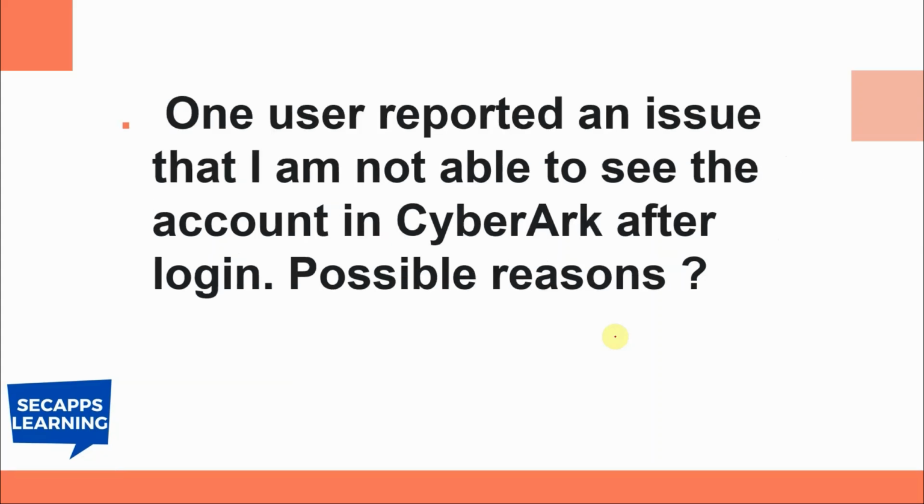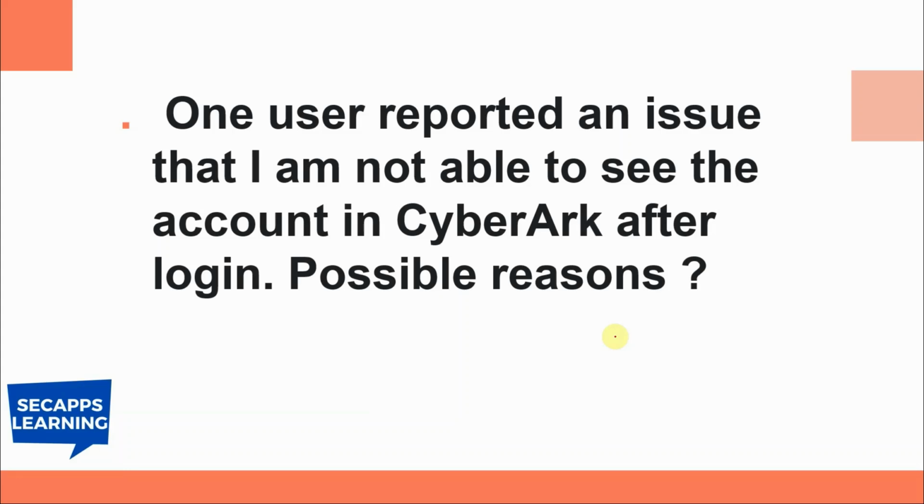One user reported an issue: I am not able to see the account in CyberArk after login. Possible reason, yes, he doesn't have the permission at the safe level. How are you able to see the data, your change option, your reconcile, verify? Where do these options come from? They come from the safe permissions only.